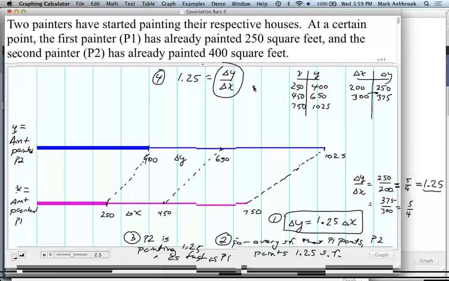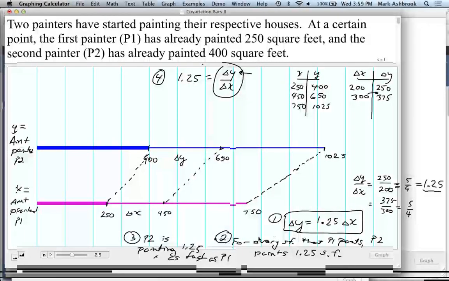Constant ratio. But you get that answer. Measure of one term in terms of the... Measure of the numerator in terms of the denominator. Yeah, so it's a measure of how much additional painter 2 paints in the unit of how much painter 1 paints.